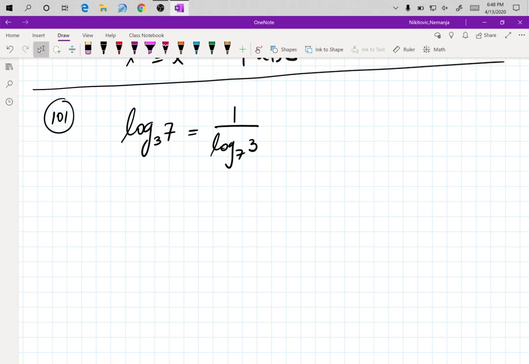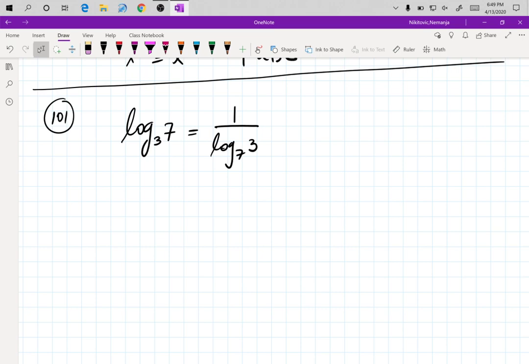The big issue here is that the base on one log is not the same as the base on the other log. So is there a way, I don't want to say to fix that, but is there a way? And luckily, there is a way, because we can use the change of base formula to put all of this into the common log base and compare them.